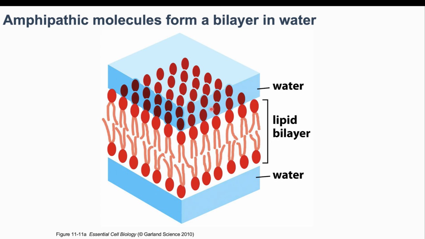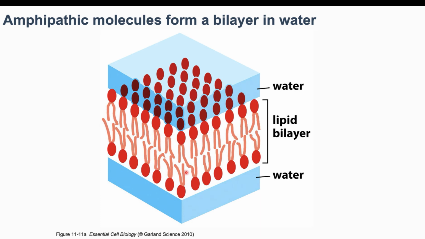Amphipathic molecules like phospholipids, however, behave very differently and in a very specific way. So each one of these little red ovals with the kind of peach-colored legs, those are phospholipids, and they align in two layers. Here's a single layer here, and here's another layer.